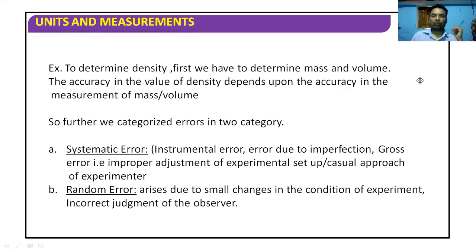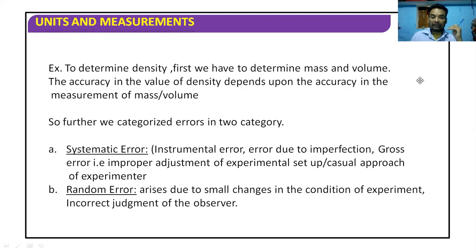If the pointer is exactly in the center, then the value is 22 and a half. But the observer, if he is not focusing properly, may get the value either 22 or 23. So he will get the rough value.